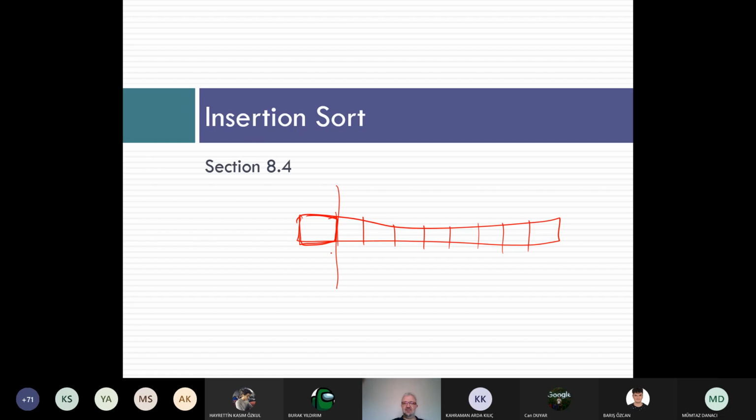So first we assume that this part of the array is sorted. The first element is always sorted, right? And we insert the second element in the sorted array. And then after insertion of second element in its correct position, first two elements will be sorted.